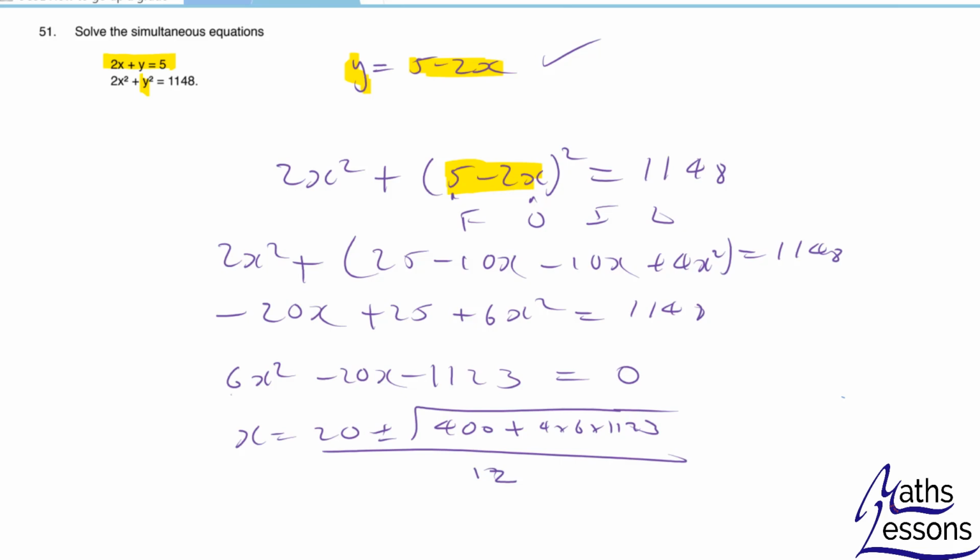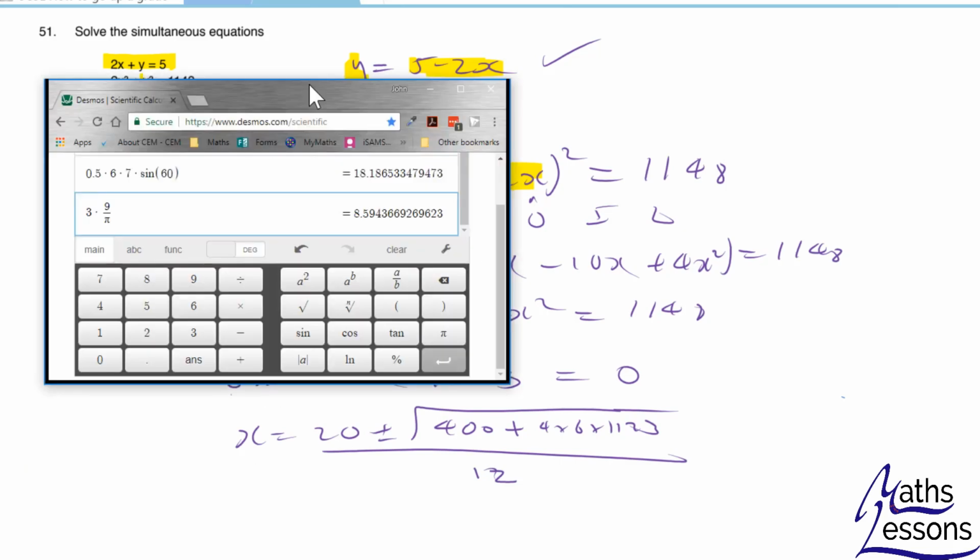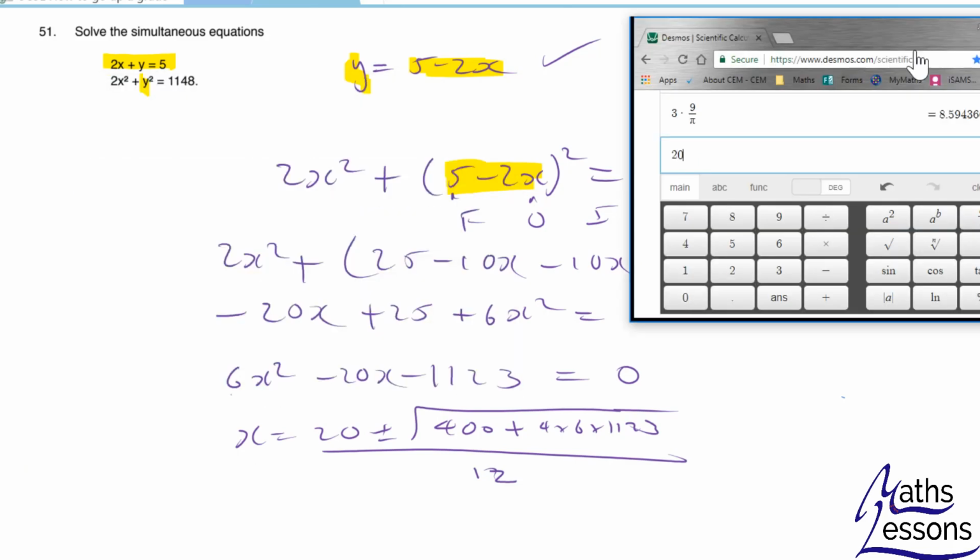So I'm going to grab my calculator and work that out. So I've got 20, let's just put some brackets around this, 20, let's do plus first, the square root of 400 plus 4 times 6 times 1, 1, 2, 3, and then divide all of that by 12.